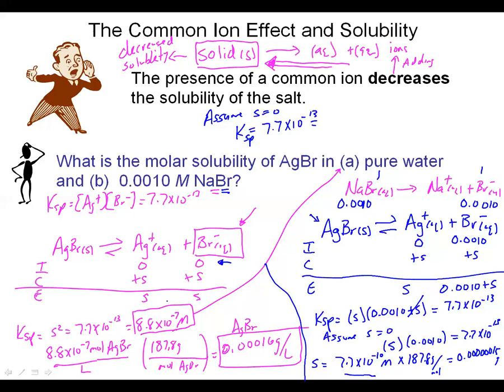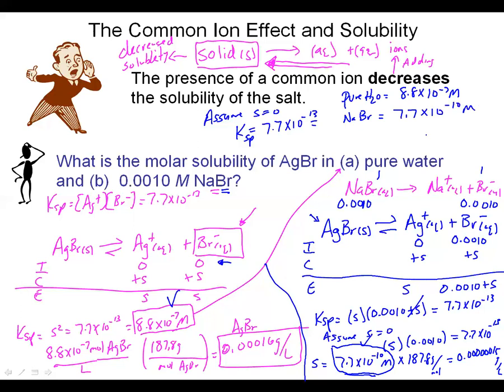So what we do see, just looking at the molar solubility, which is what this question asks for, in pure water, the solubility of silver bromide in terms of this molar solubility, 8.8 times 10 to the minus 7. In sodium bromide, where we did have the common ion, the solubility dropped a lot to 7.7 times 10 to the minus 10 molar.